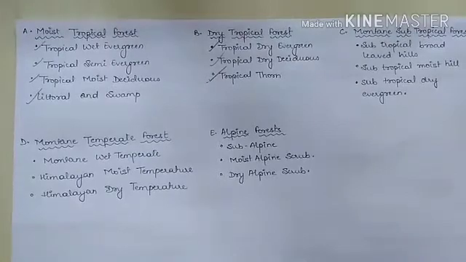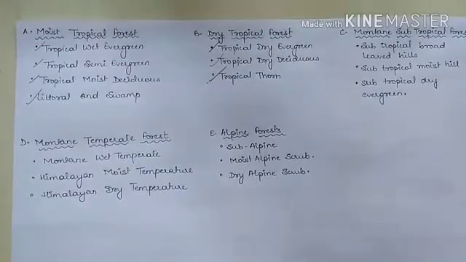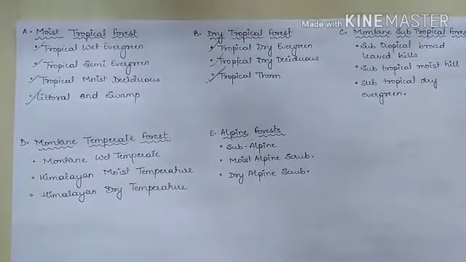Because of these climatic conditions, there is no scope for thick forest. Only thorn forests are found here, and the trees have a height of 6 to 10 meters at the maximum, and they are widely scattered.